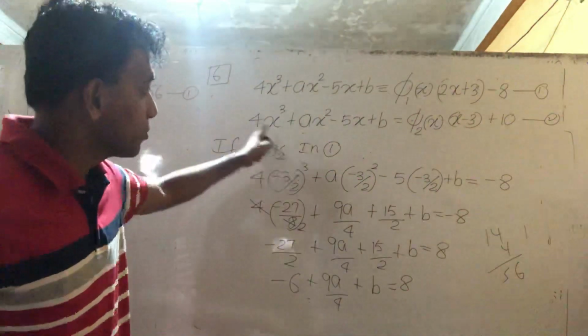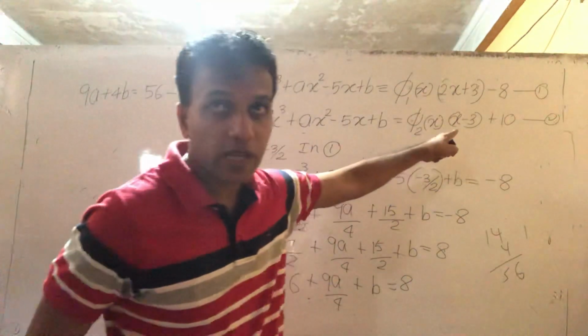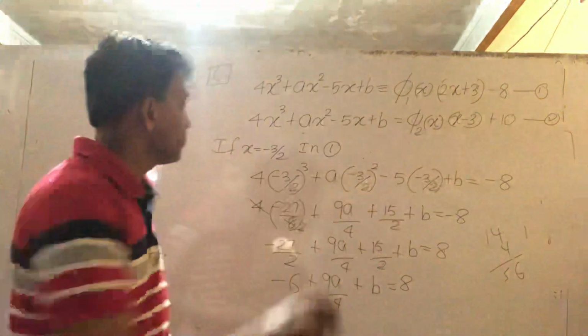Now a similar method for the second equation. Make the quotient part 0: put x equal to 3, and it becomes 0.